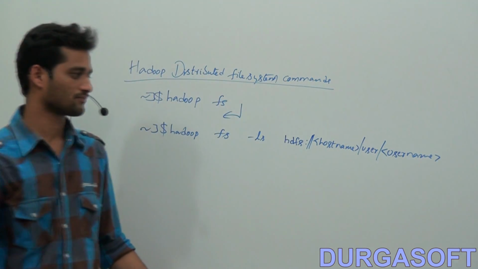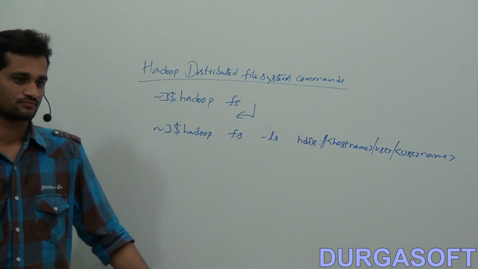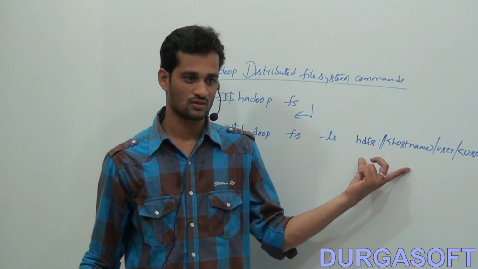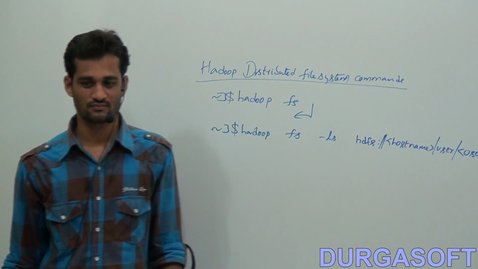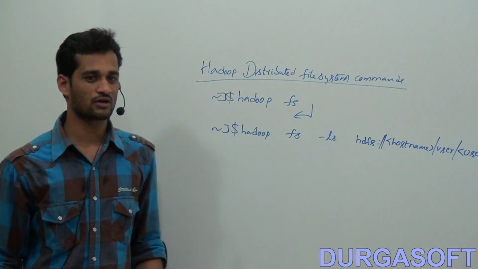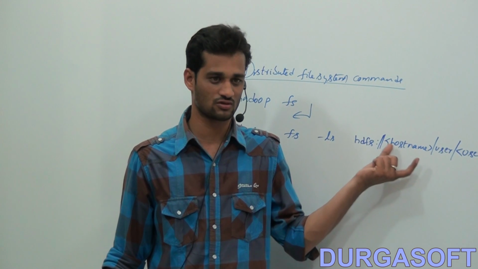So when do we have to give this? Yes, if it is a multi-node cluster. If your name node is somewhere else, your data node is somewhere else, and I want to see that metadata, I have to give that host name, IP address or something that it is having.